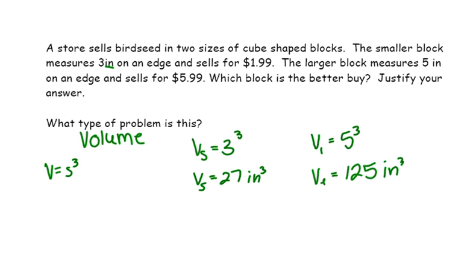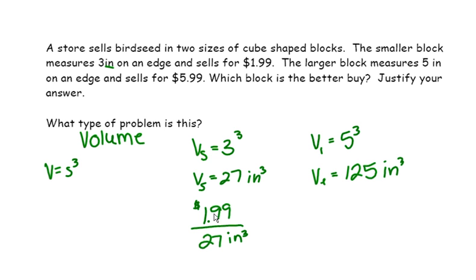Now, when you're at the grocery store and you're trying to figure out what's the better buy, some grocery stores have that little sticker on the shelf that says the unit price. Well, the unit price is the price per each unit. So the way they do that is they take the amount, in the case of the small one, that amount is $1.99, and they divide it by the units.